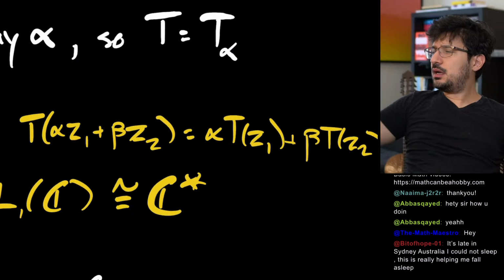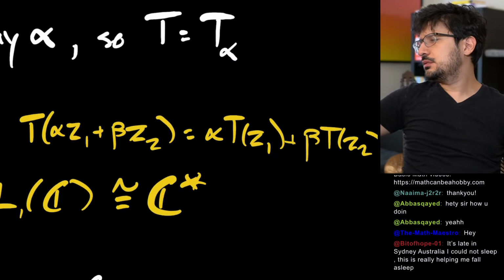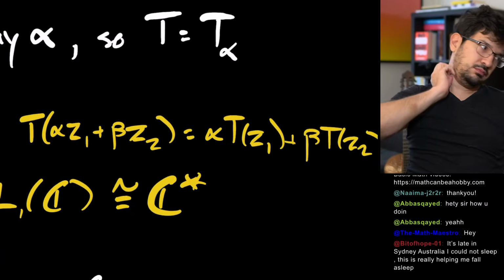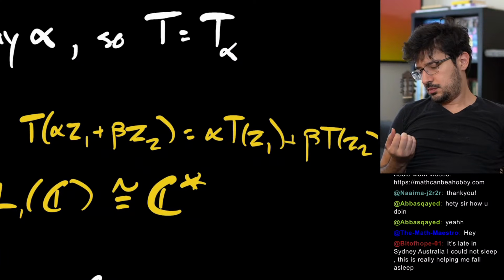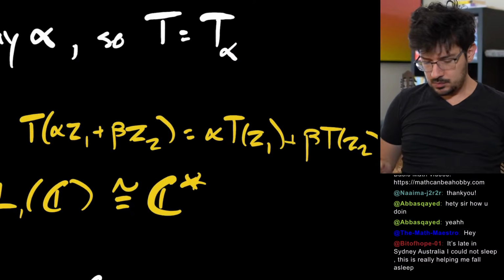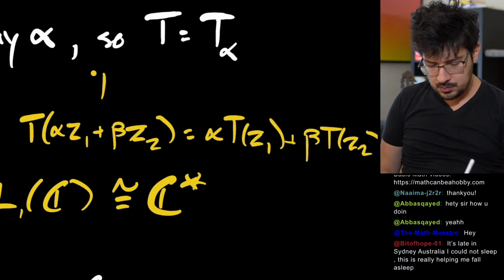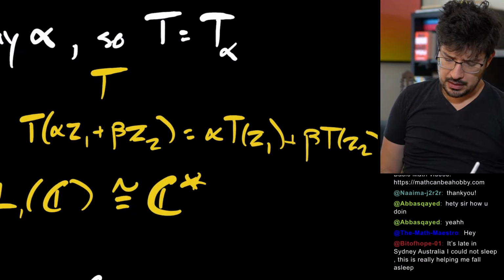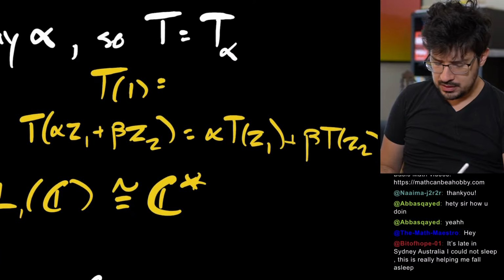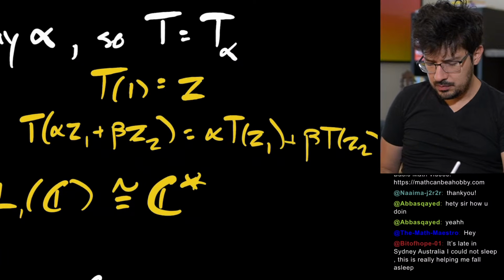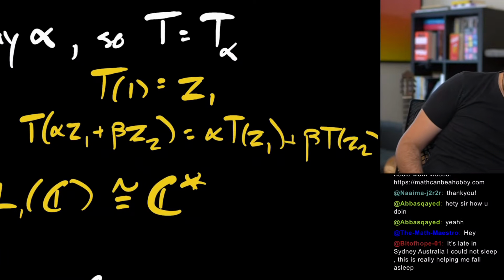I think, yeah, we need to. In particular, we can then take T of 1, some image of the identity element.